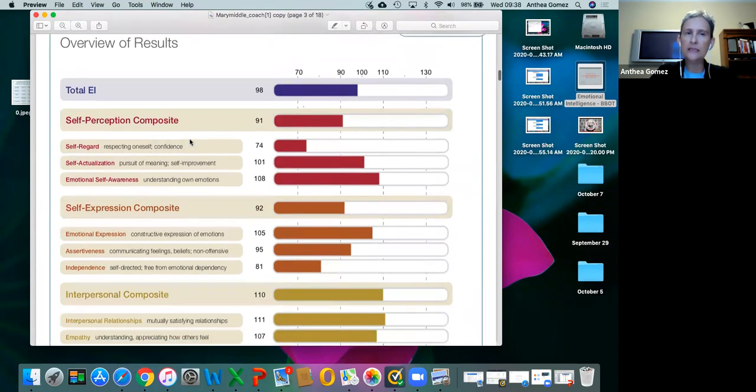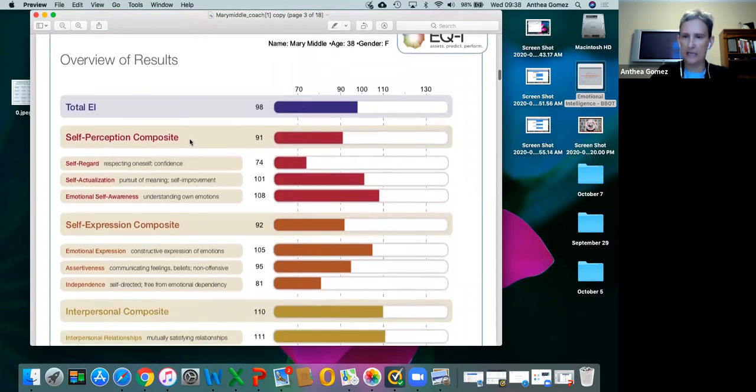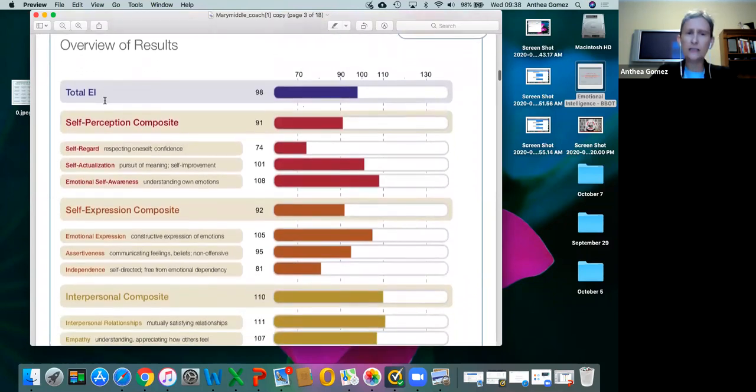But you'll immediately see an overview of your results. The total EI for this individual is 98. This doesn't show the bar, but the bar for leaders or individuals who have high emotional intelligence is more around the 110 mark onwards.